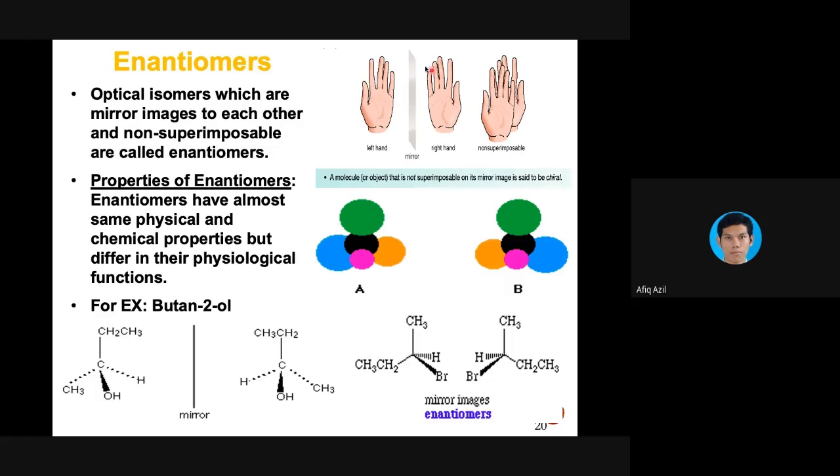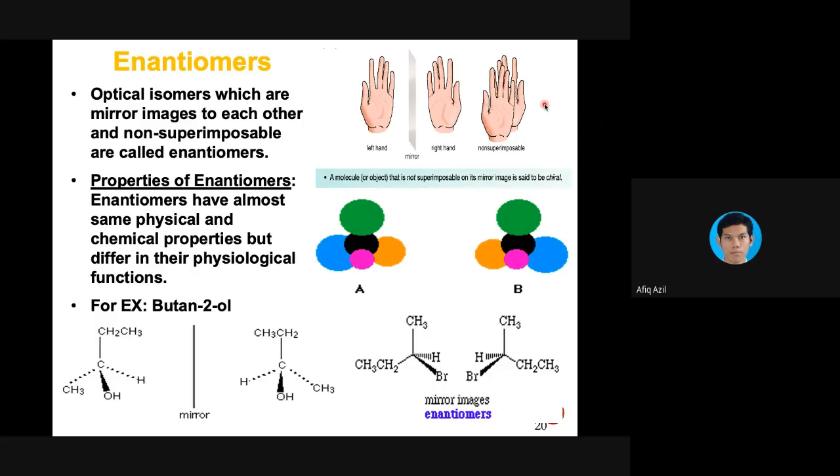For example, our hands are an example of enantiomers. Your left hand and your right hand are mirror images of each other. But when you place one on top of the other, they are not superimposed. You don't turn the other one, like when you want to clap, because then the direction remains the same.